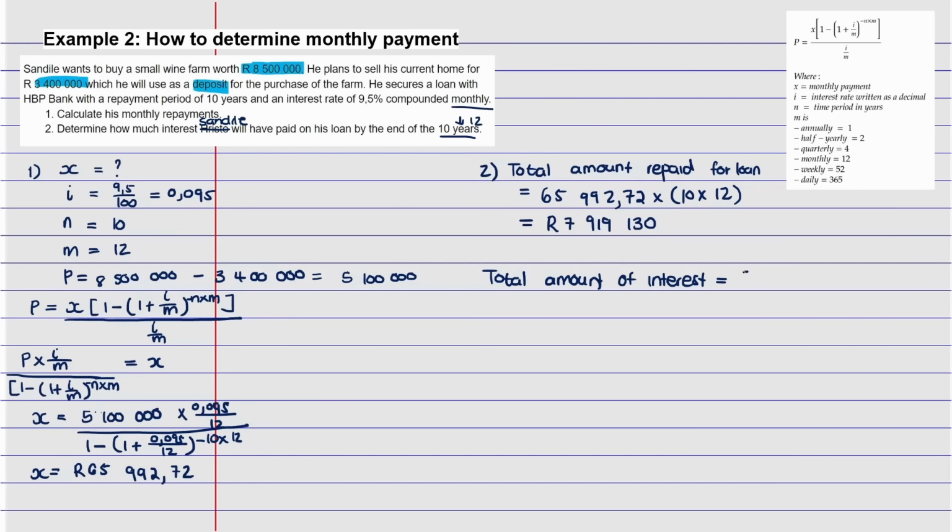So it's going to be 7,919,130 minus the actual loan that was taken, which is 5.1 million. So now we know the amount of interest, taking the difference, is going to be 2.9 somewhere there million. So this is the amount of interest that is paid. I hope that made sense.